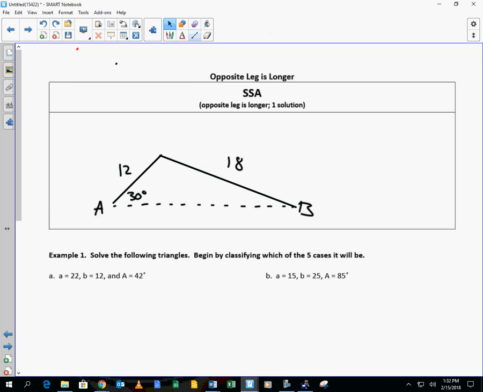Suppose that the opposite leg is longer than the other given side. It's longer than the other given side.